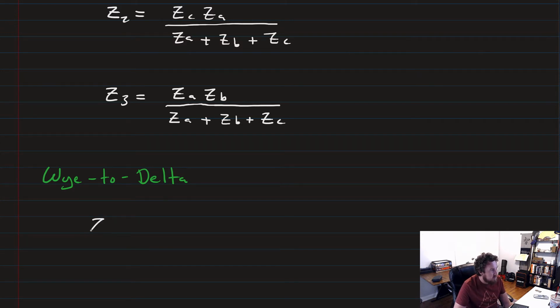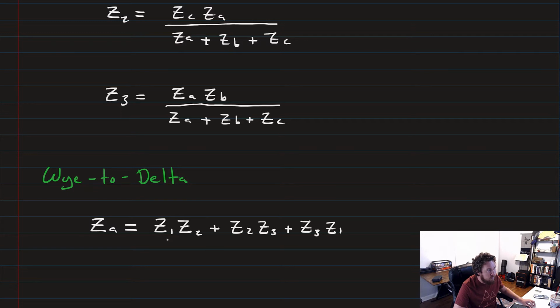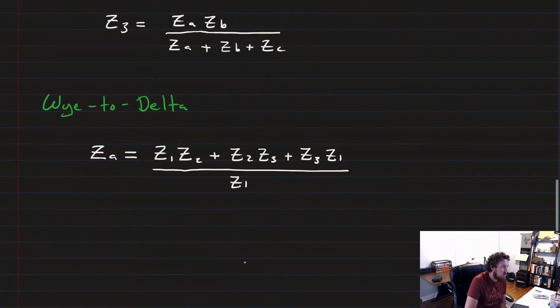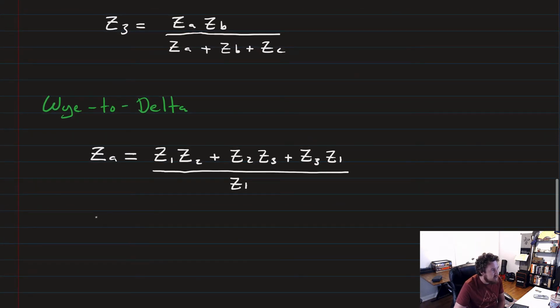So the first one is if we want to find Z sub A, what we're going to do here on the top is a chain of all of the products: Z1 times Z2 plus Z2 times Z3 plus Z3 times Z1. So back around to Z1. And then for A, it's going to be over Z sub 1. And then we will repeat this pattern for B and C.